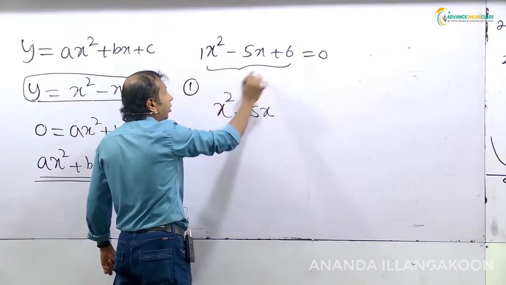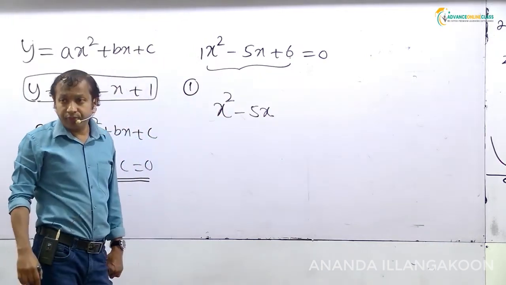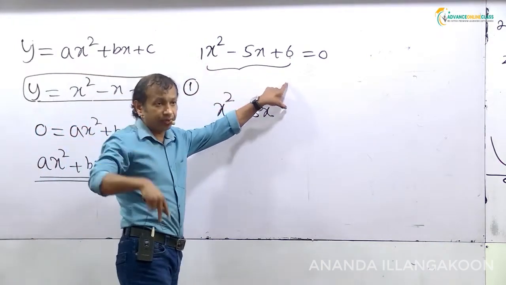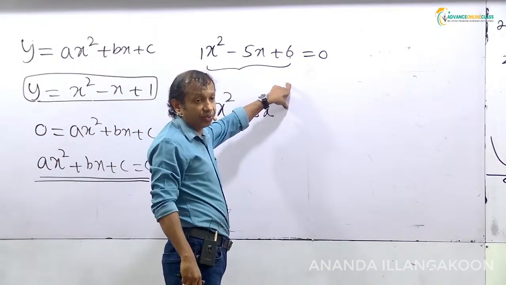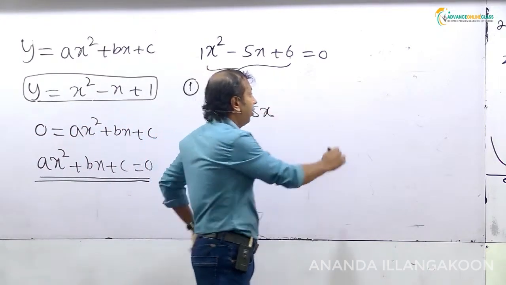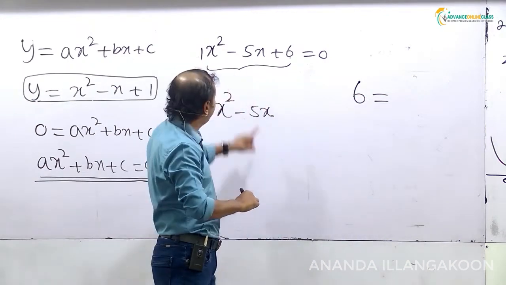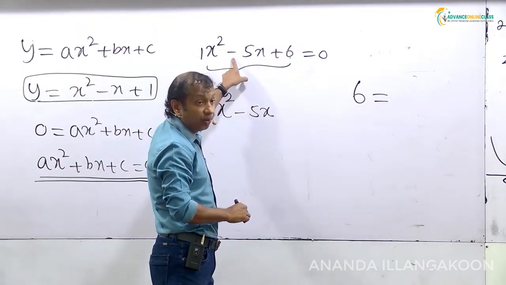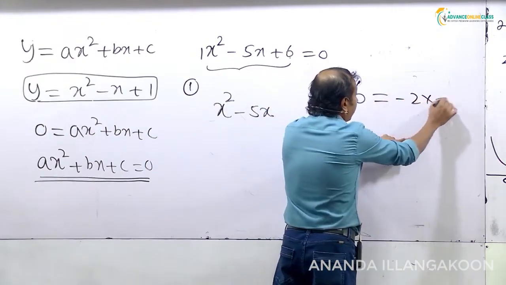Here we have 1, here we have 6. 1 and 6 we multiply. We get 6. That 6 we factorize into two factors so that the algebraic sum is the x coefficient, minus 5. Tell me two values to write. Minus 2 and minus 3.